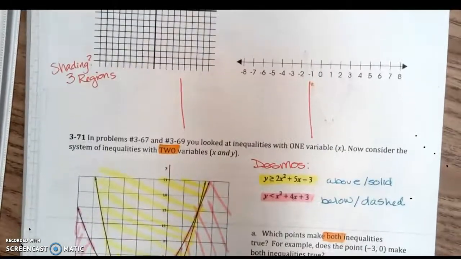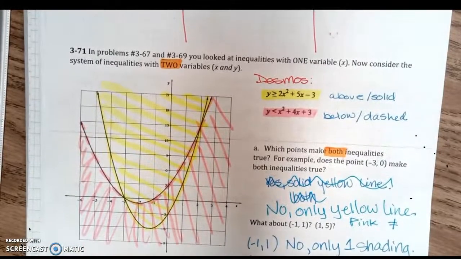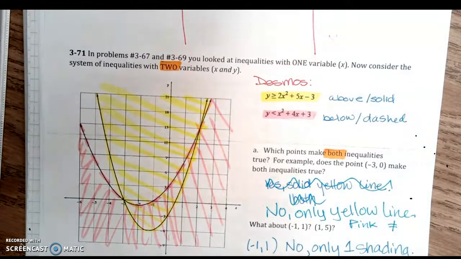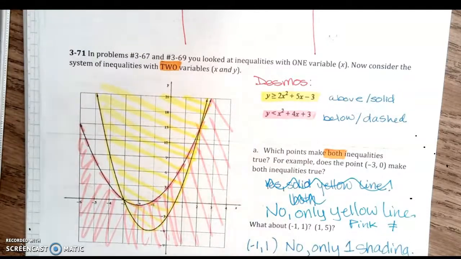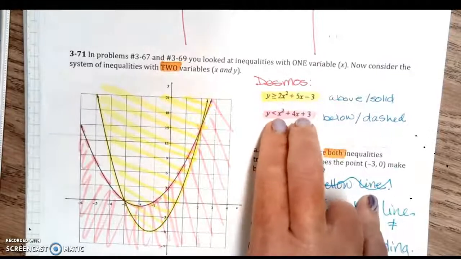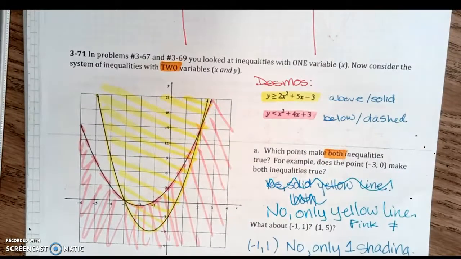Then we get to question number 71. Okay, in 71 is where we switch it up. We're going to switch from using one variable to using two variables, which is going to give us two different functions to graph. And if you want to use Desmos, it's going to help you quite a bit.